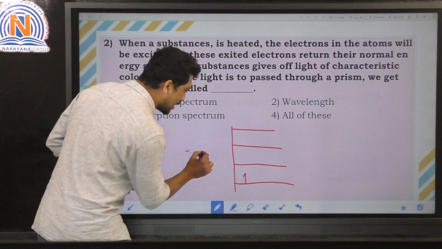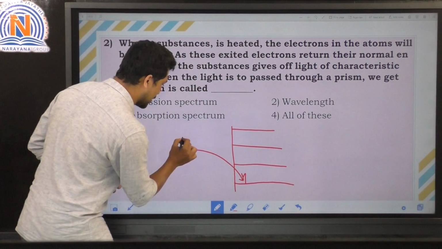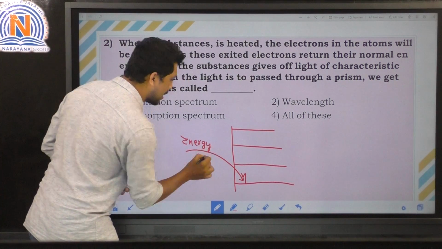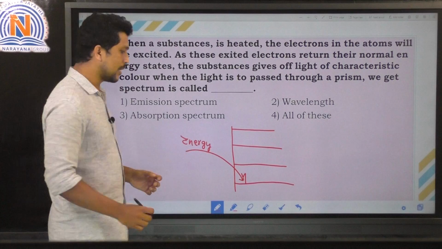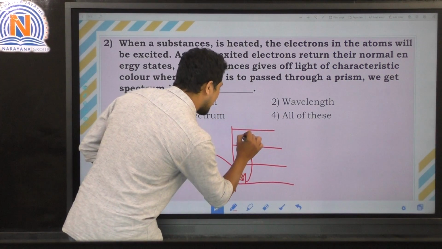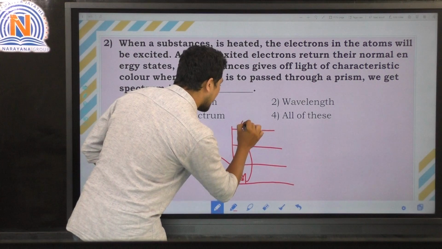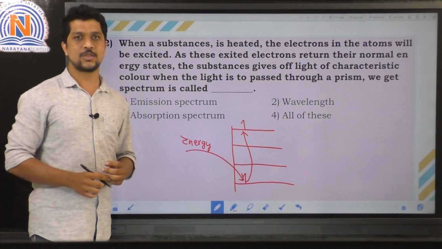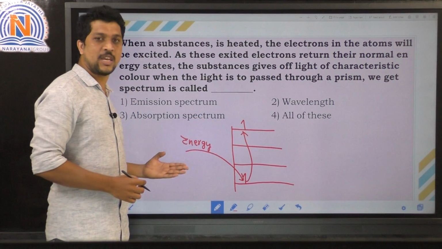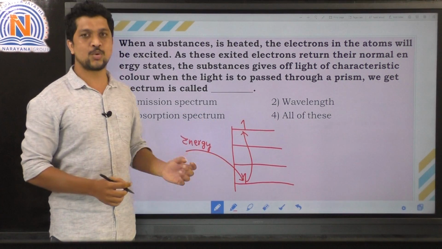Whenever you give energy to this electron, it will immediately get excited to the excited state, right? So that is the statement. A substance is heated, that means we are giving energy to the substance.